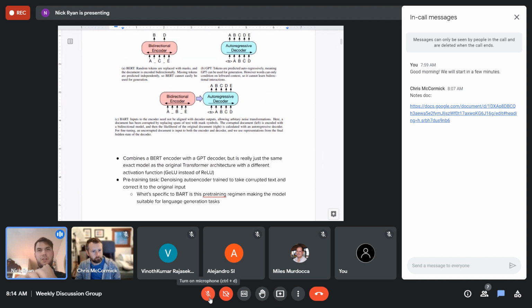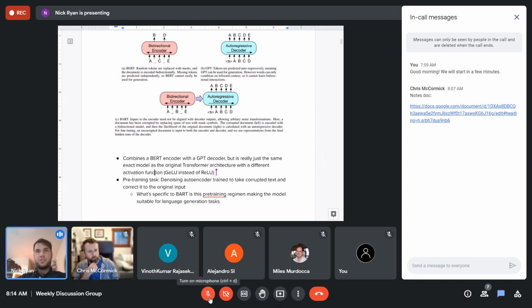There's a lot of discussion in the paper about what it's doing and what the strategies are, but architecturally it's nearly identical to the original transformer architecture. I'm not going to add too much about that because there's lots written about the transformer architecture. The thing that distinguishes it is really having a somewhat unique pre-training task.